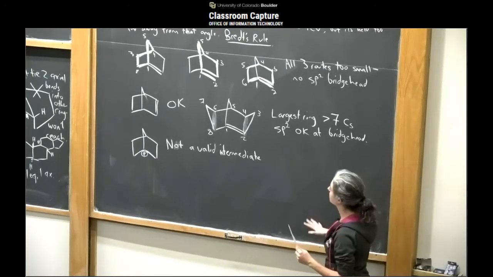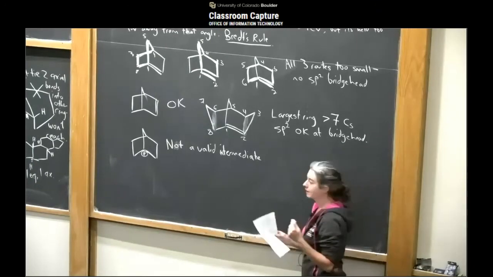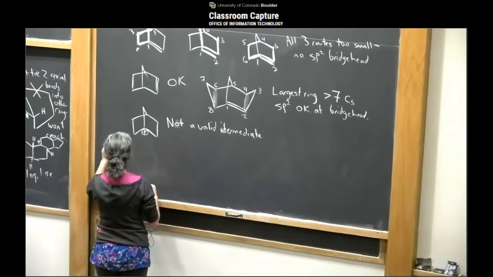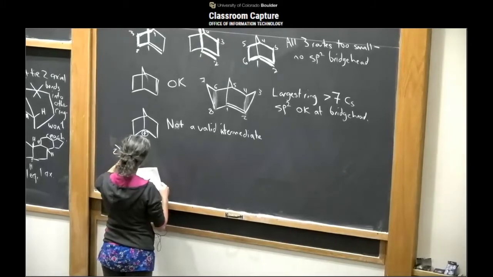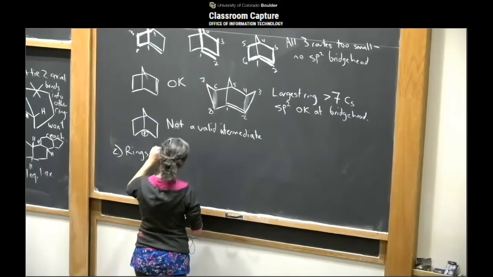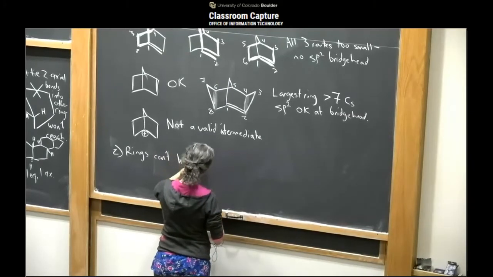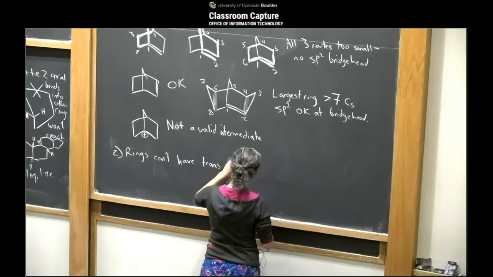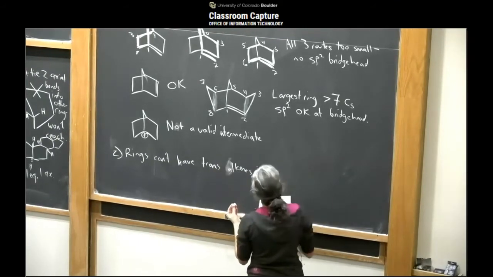Okay, questions about Bredt's rule? Okay, cool. So the second rule that we have to know is something that we actually already covered briefly, and that is rings can't contain trans double bonds if they're 7 atoms or fewer.